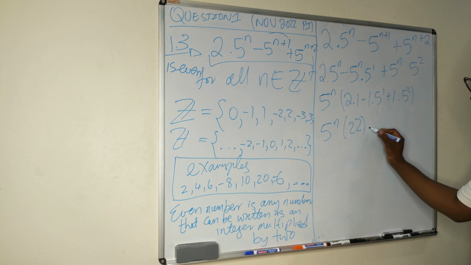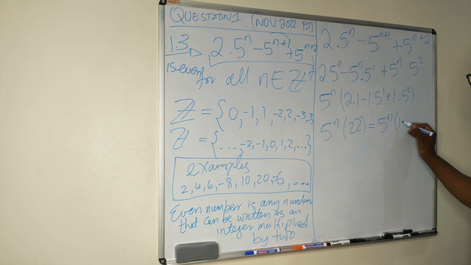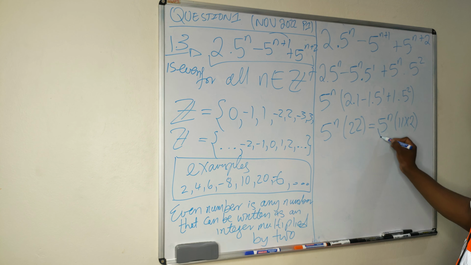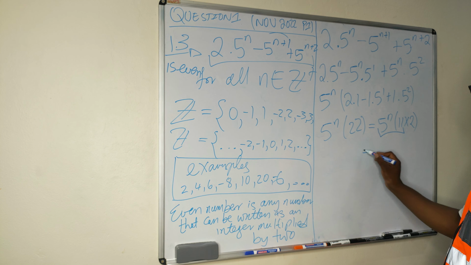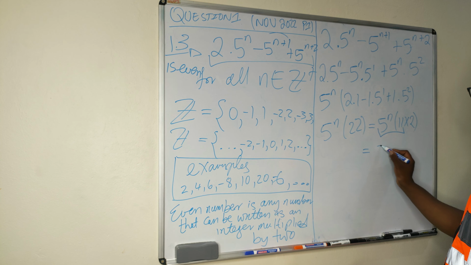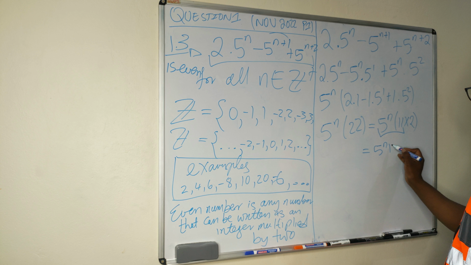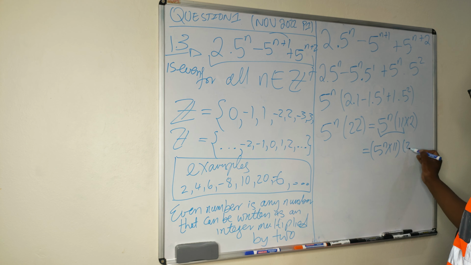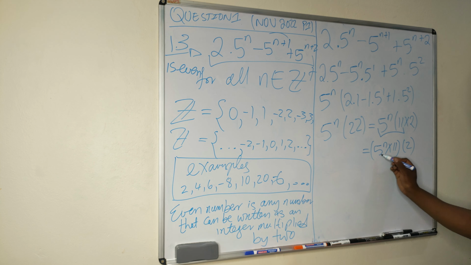So 22 is the same as 11 times 2. So 5 raised n times 11 times 2, and you can group these two together as 5 raised n times 11, times 2.